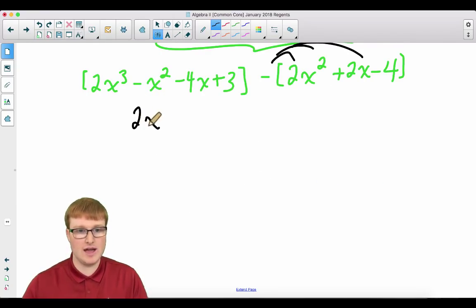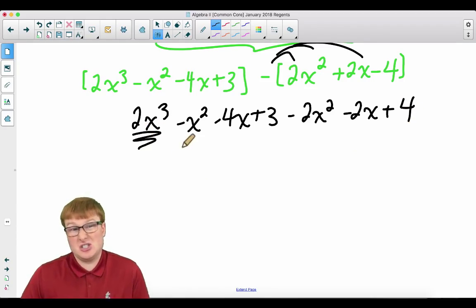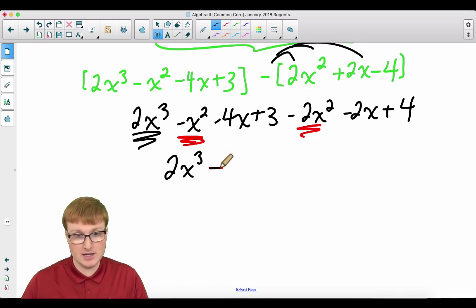So we have 2x to the third minus x squared minus 4x plus 3 minus 2x squared minus 2x plus 4. Combine like terms, so the 2x to the third is just by itself. So that's 2x to the third. Minus x squared minus 2x squared, that's going to be minus 3x squared.